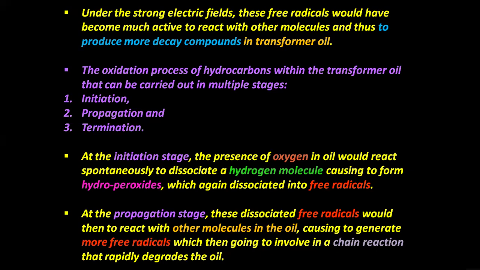At the propagation stage, these dissociated free radicals react with other molecules in the oil, generating more free radicals, which then get involved in a chain reaction that rapidly degrades the oil.